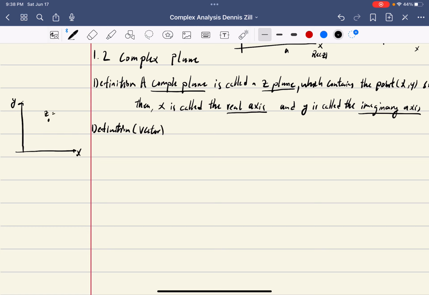That is equal to x plus iy, right? And this is your vector, right? So you say your v is equal to, well, perhaps not v, perhaps z. Really, it's just the same thing. It's equal to (x, y). Right. That's the vector, right?